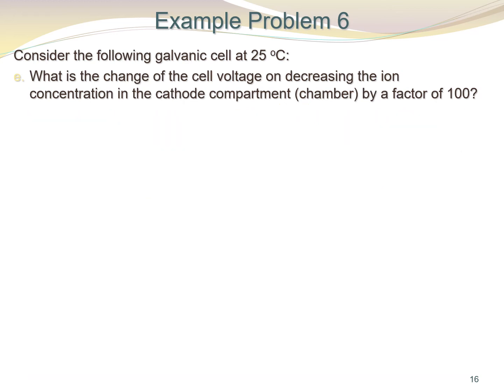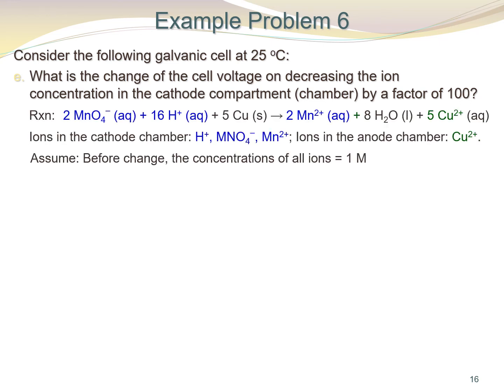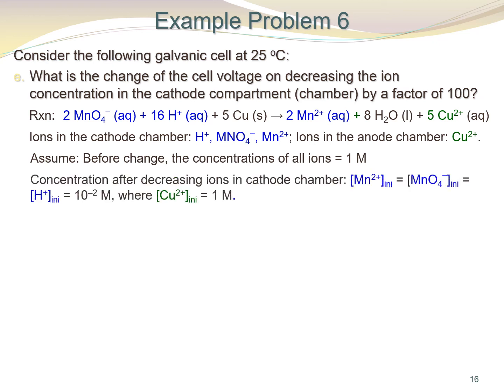Now, let's talk about changing the concentration by a factor of 100 in the cathode chamber. And of course, we have the equation going, and we just noticed what the ions are in the cathode chamber. After the change, we realize manganese 2 plus, permanganate, and hydrogen cation all have their concentration changed to 0.01 molar, while the copper 2 plus stays at 1 molar.